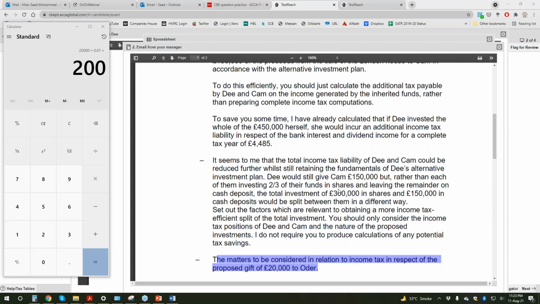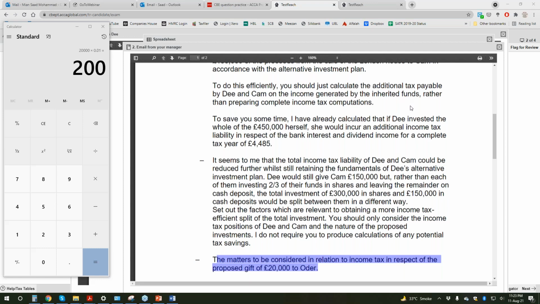However, D's income is comparatively low as compared to Cam. Okay, so I guess that is the alternative solution that I will be providing both of them, that they should change the ratio and they should allow Cam to invest more rather than D to invest.